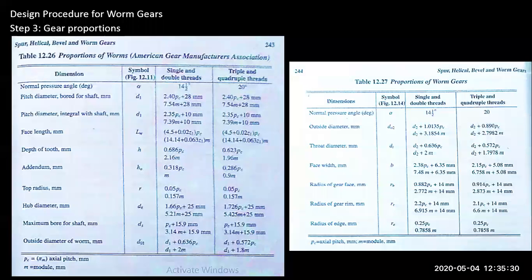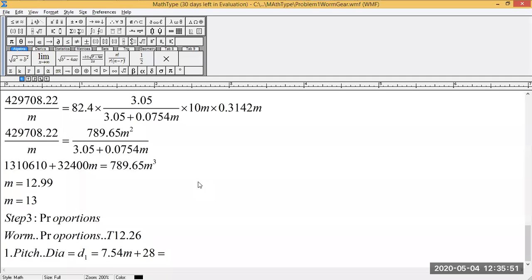Okay, so this we have got from the table. You can see here the value for D1, 7.54 plus 28 mm. So we will take the one which we know, there is a module. And again for the particular angle, that's 14.5 degree. For that respective value, we need to calculate. So this is 7.54 times 13 plus 28. So we're getting 126.02.